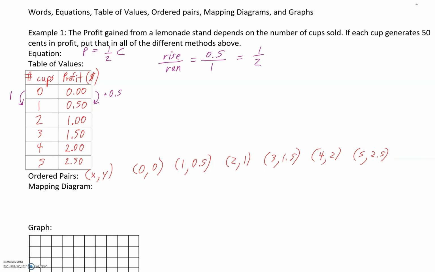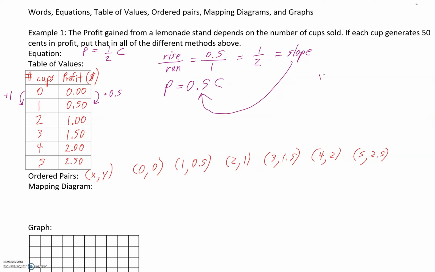You could have also done P equals 0.5 C, that also works. Okay, but notice our rise and our run, because we're dividing both and those are the different values, that's where we're getting our slope from. This is actually our slope. And we'll look at that a little bit more in future videos, but that's what's giving us this number.